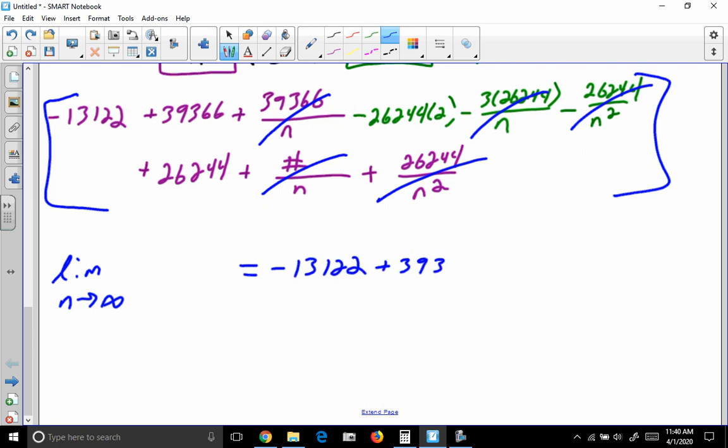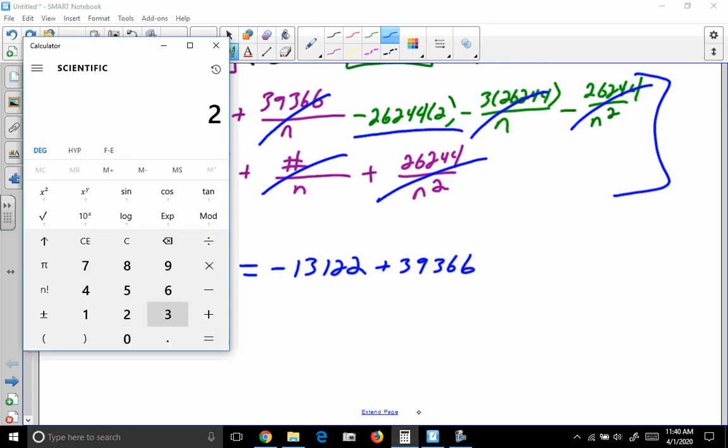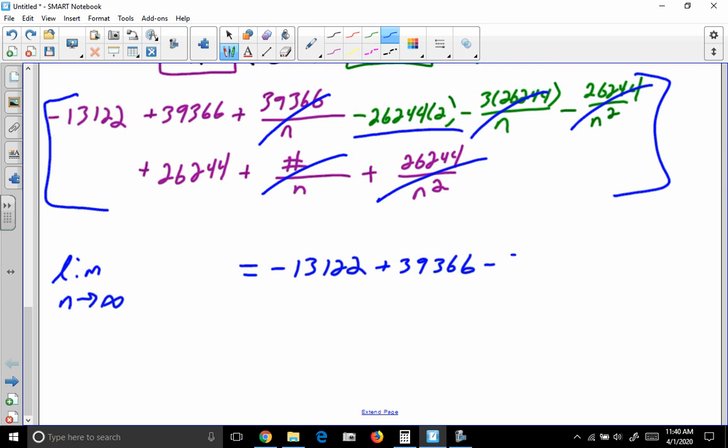plus 39,366, whatever we get there, so 26,244 times 2, and that's a minus, so minus 52,488 plus 26,244.